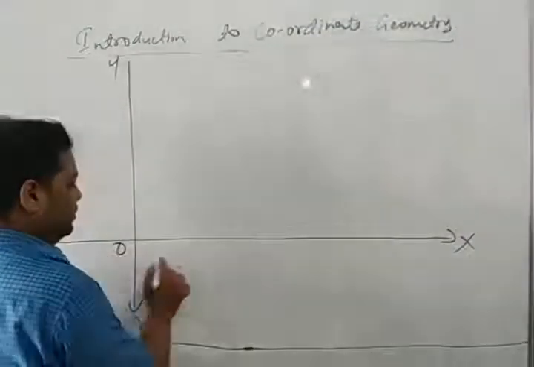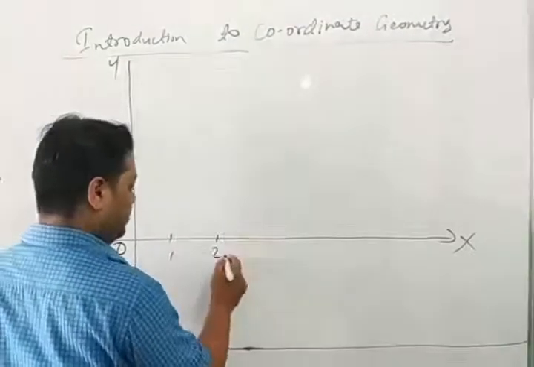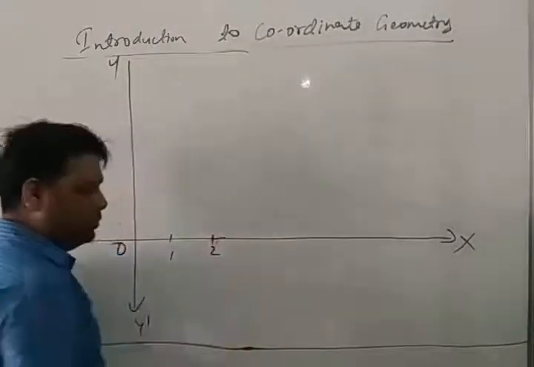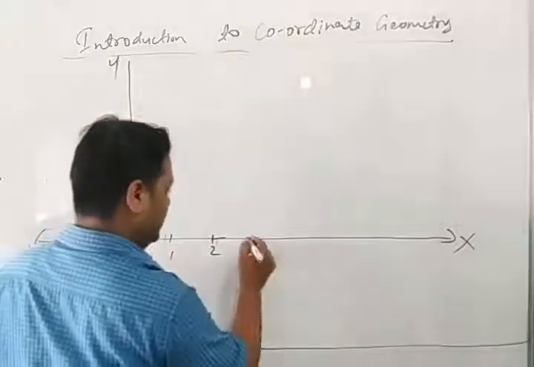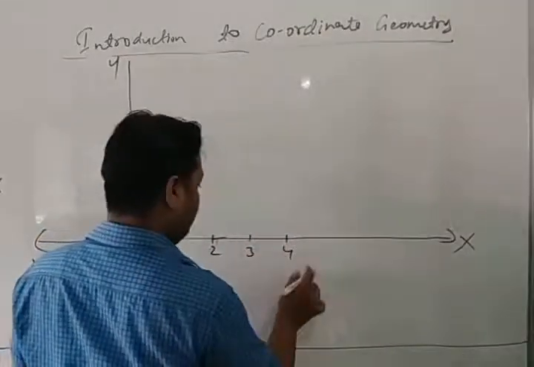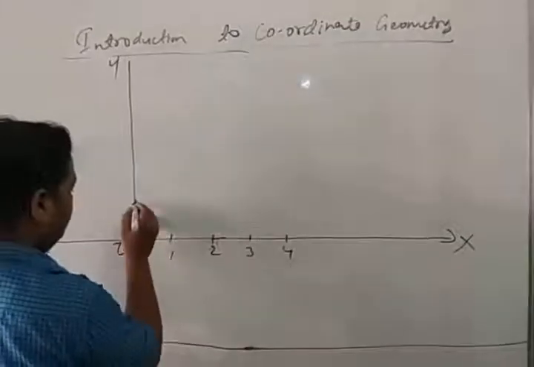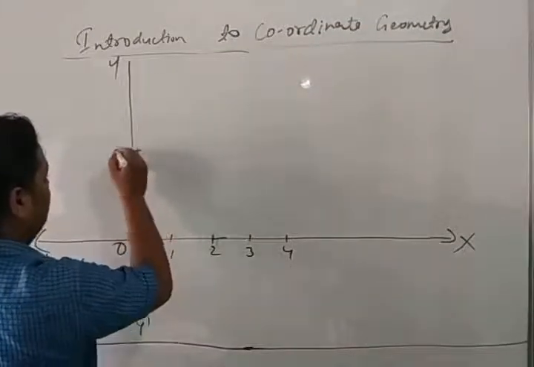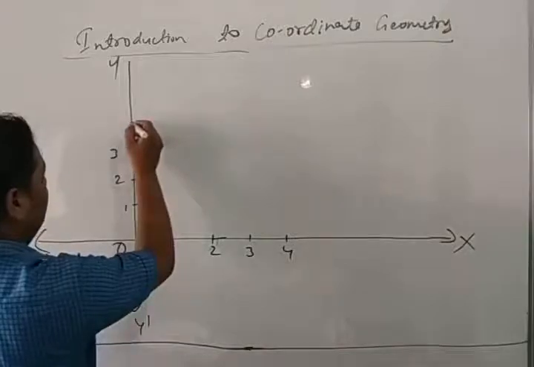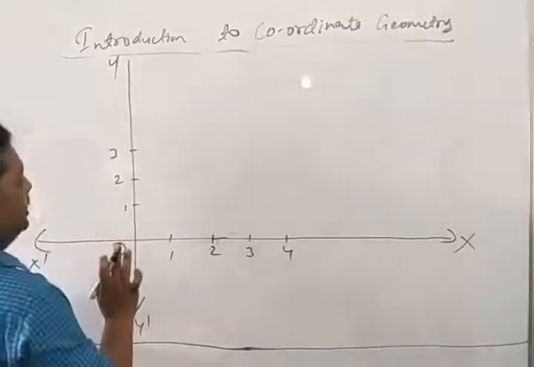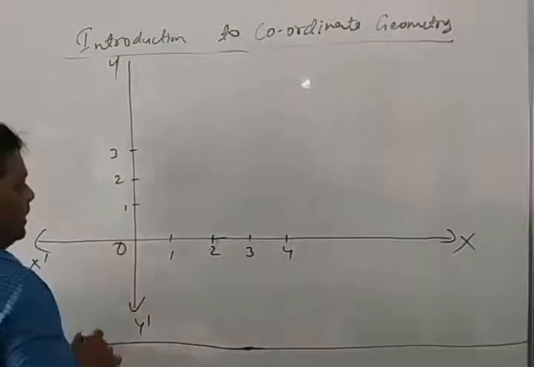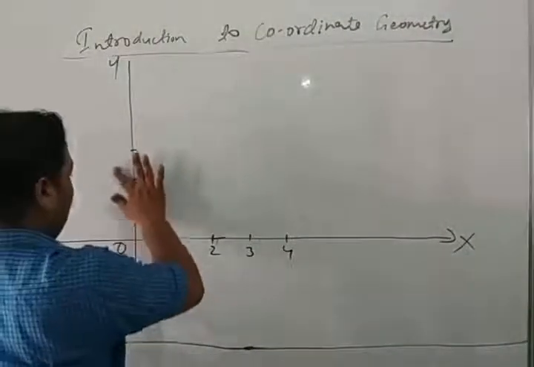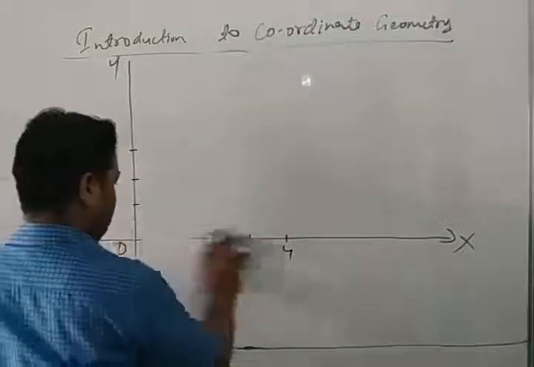Now here 0, on x: 1, 2, it should be the same distance, 3 and 4. And here 1, 2, 3, up to 7 we have to find, then we have to increase the line.